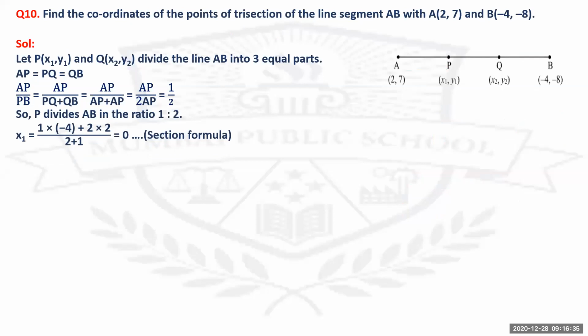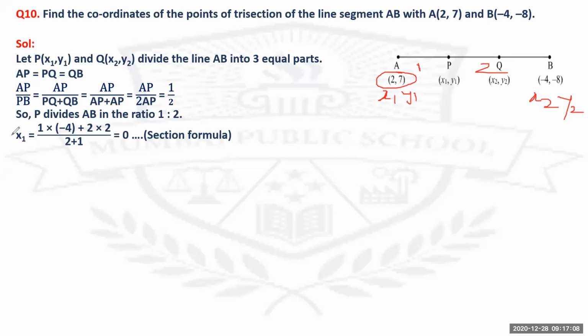Here A is x1, y1 and this is x2, y2, and the ratio is 1:2. You're going to find the coordinates of this P.